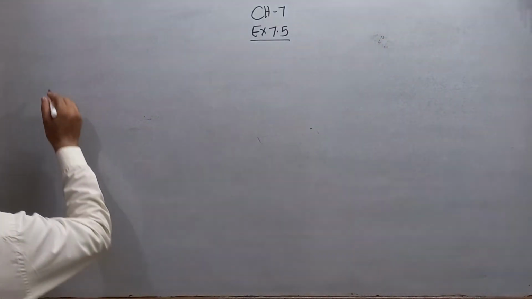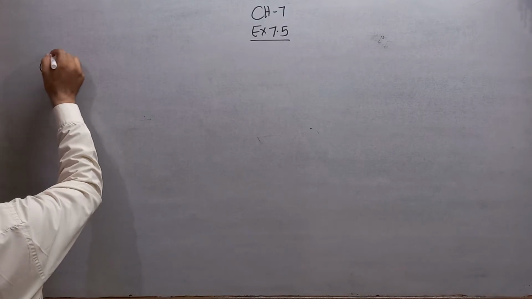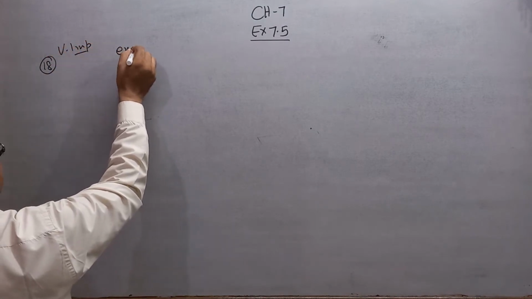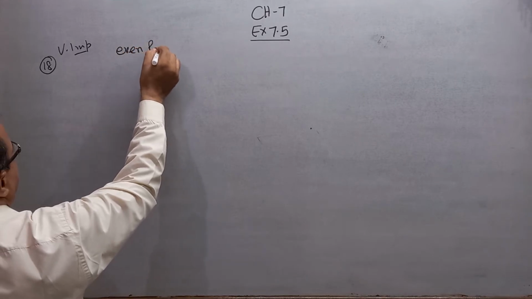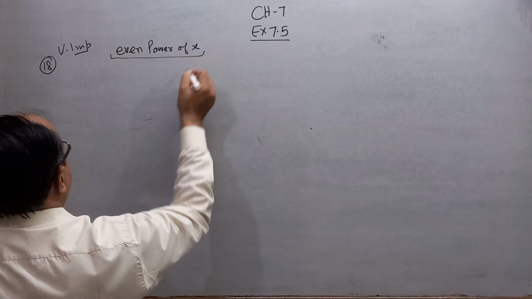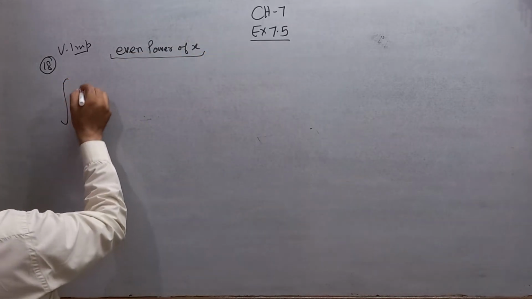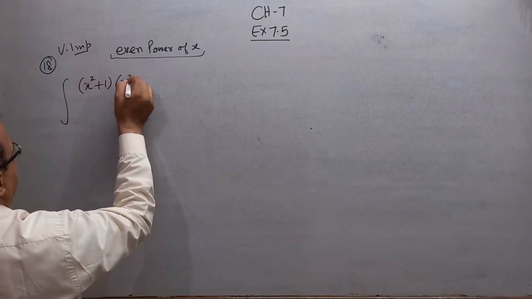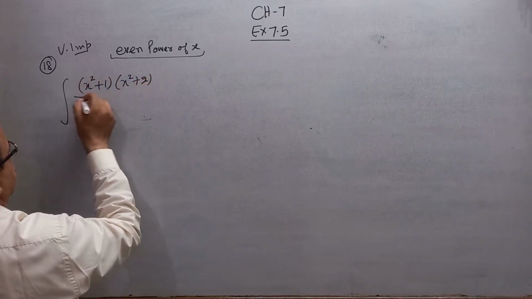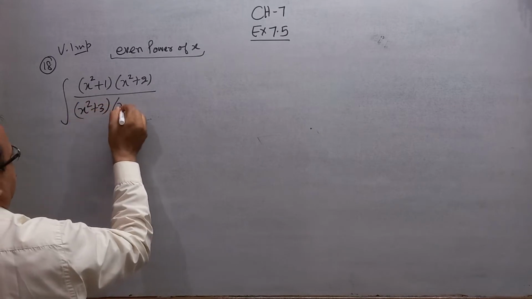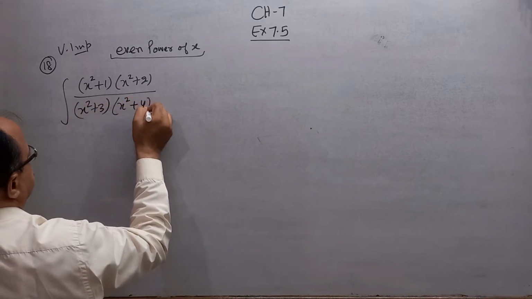Next, question number 18, a very important type, even power of x. The integration of x square plus 1, x square plus 2, upon x square plus 3, x square plus 4 dx.